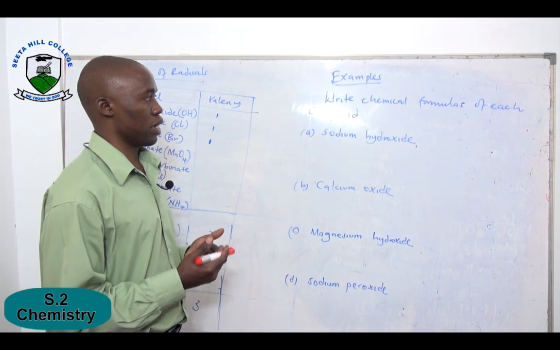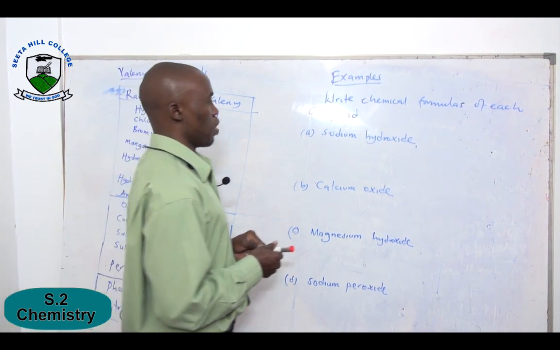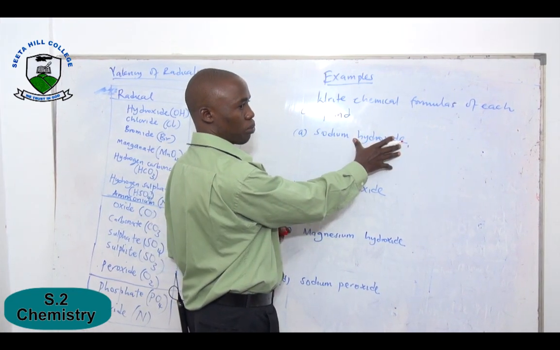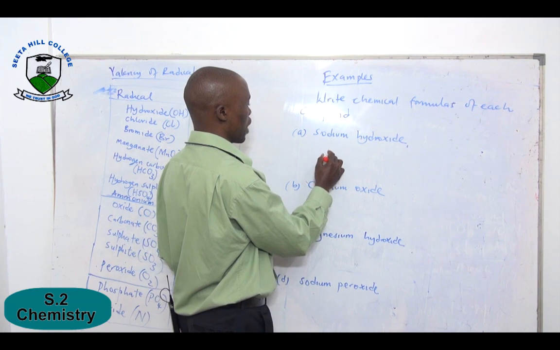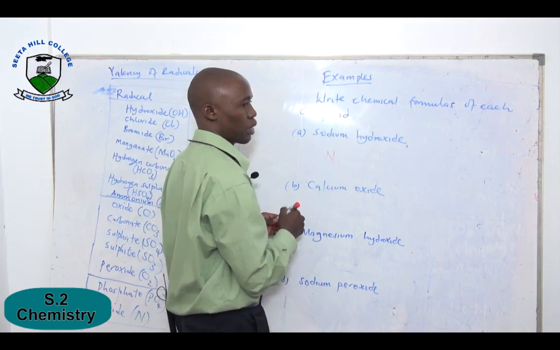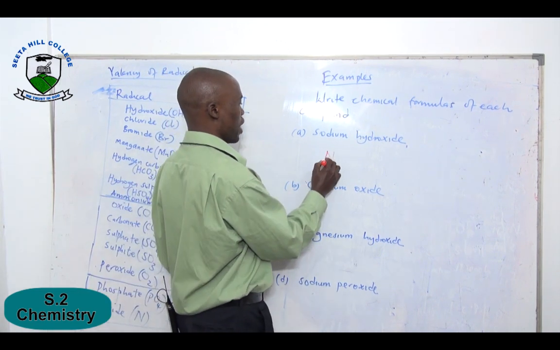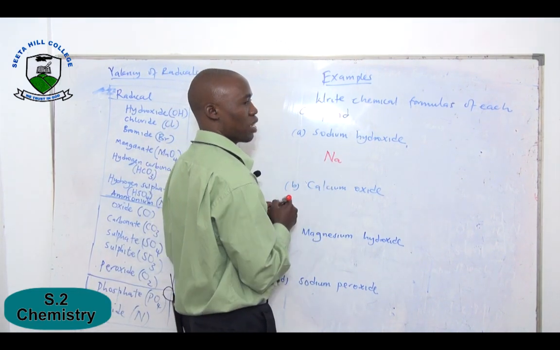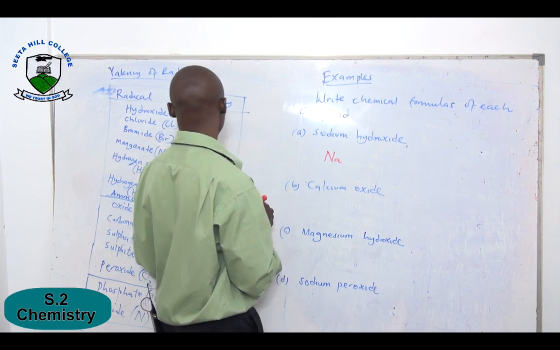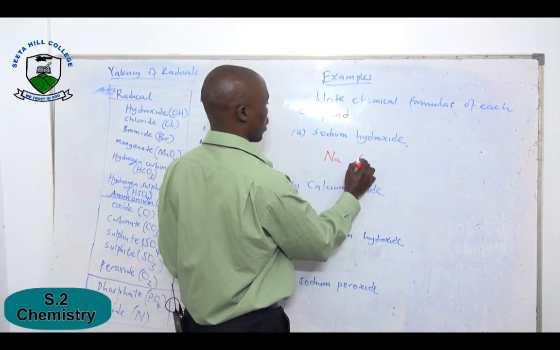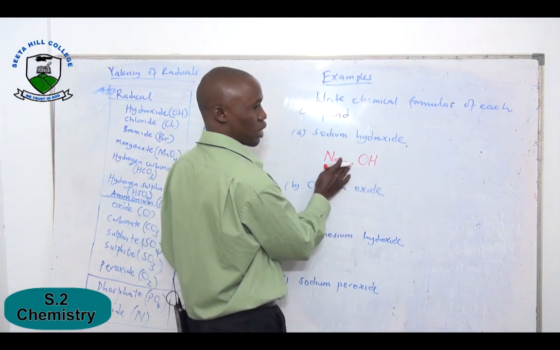When you are writing the chemical formula, you first write the symbols of the element and its radical. The symbol for sodium is Na. Clear? Yeah, sodium is Na, not so? Hydroxide, we have seen it is OH. Put a small space there.